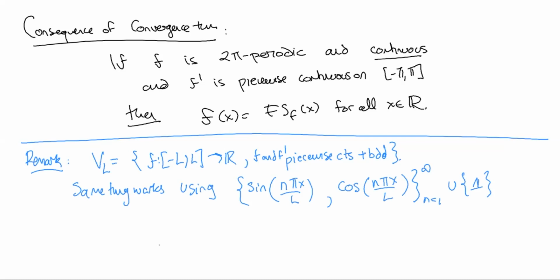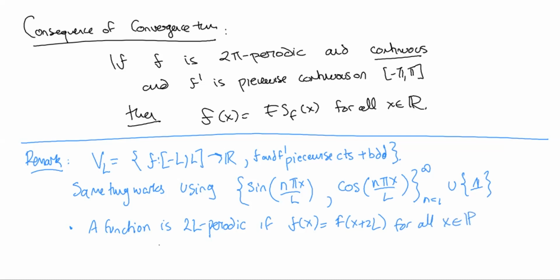So this is not a big deal. If you give me a function that is 2L periodic, meaning f of x equals f of x plus 2L for all x in R, everything works the same way.